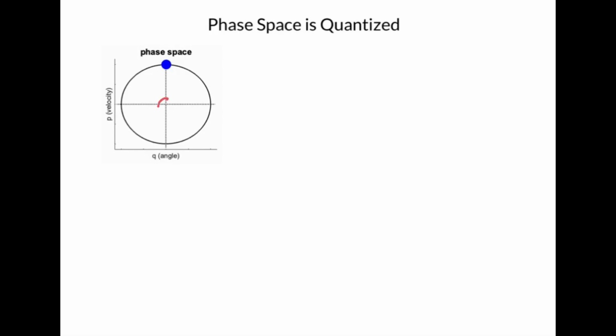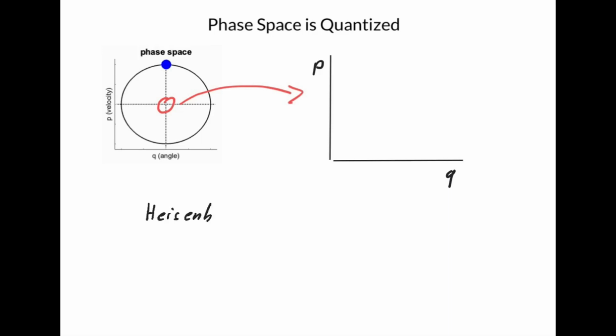There's yet an additional aspect of phase space, which is that phase space is quantized. If we would zoom in at the origin of the phase space of our pendulum and look, let's say, with a microscope, we would at a certain point hit Heisenberg's uncertainty principle, saying that the product of delta p times delta q cannot be smaller than h.